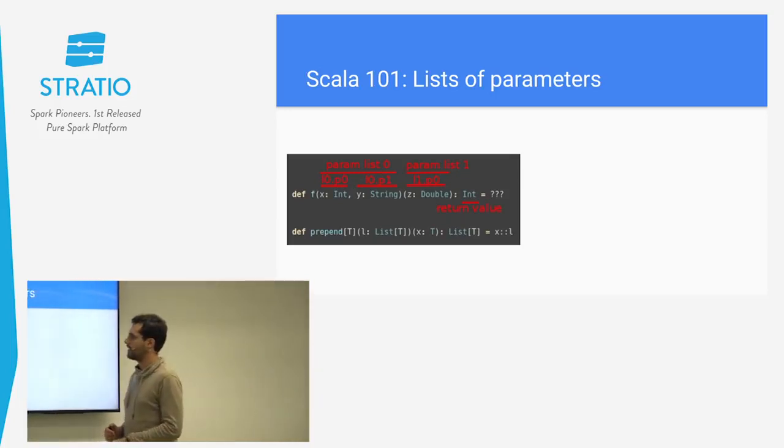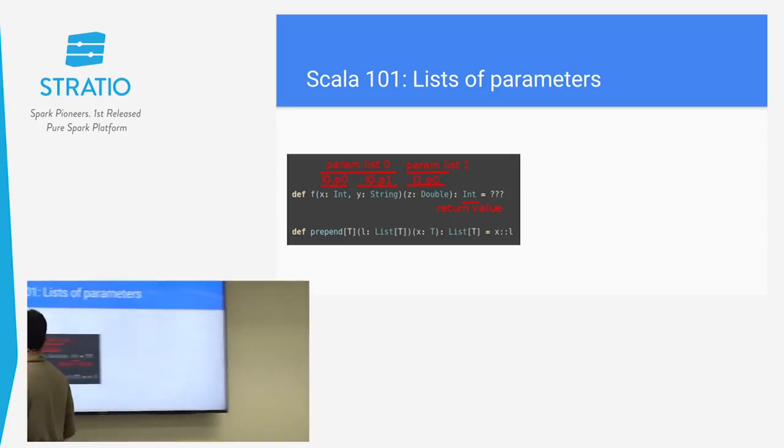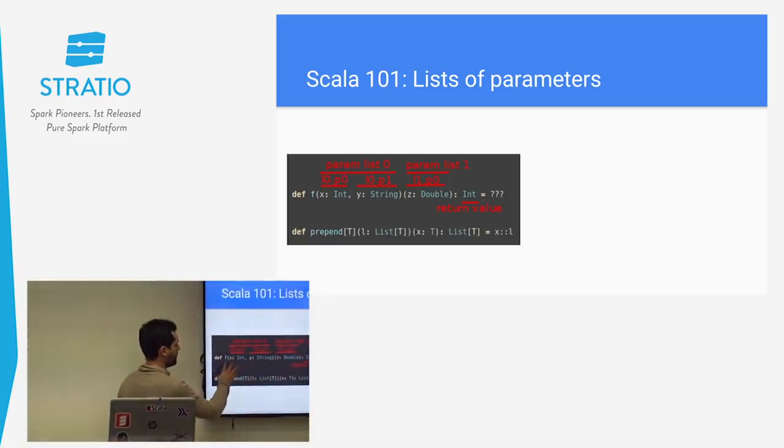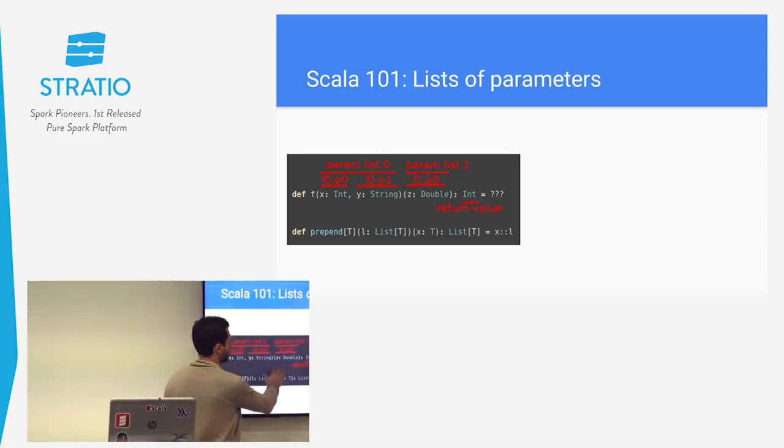That means that this method here, I don't know if you see it clearly. You have method f with 3 parameters, but x and y are in the first parameter list, whereas z is in the last one.